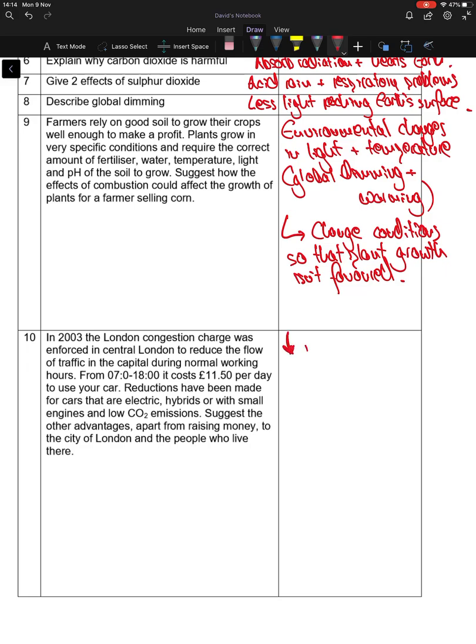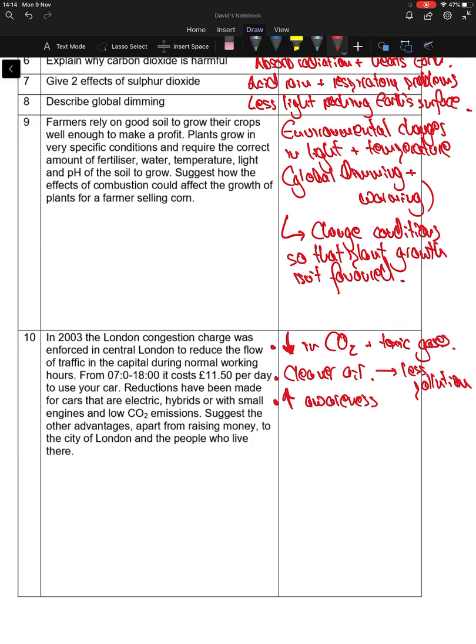So obviously by doing that, there's a decrease in CO2 and toxic gases that are produced by cars. And with that, you can have cleaner air, which means you've got less pollution, and also increase the awareness of global warming and climate change.